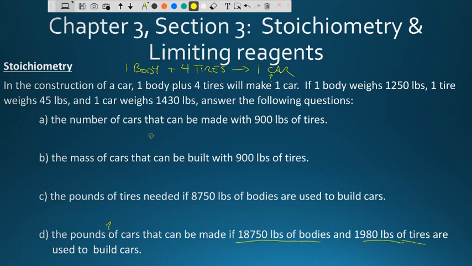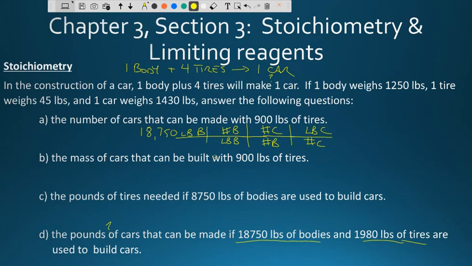I solve it simultaneously. Let me do the pounds of bodies first. 18,750 pounds of bodies. And I want to know how many pounds of cars I can get, because that's ultimately what I want to do. So I can go pounds of bodies to number of bodies, and then number of bodies to number of cars. Now, I'm not done because ultimately the question asked for pounds of cars. So we're going to go number of cars to pounds of cars.